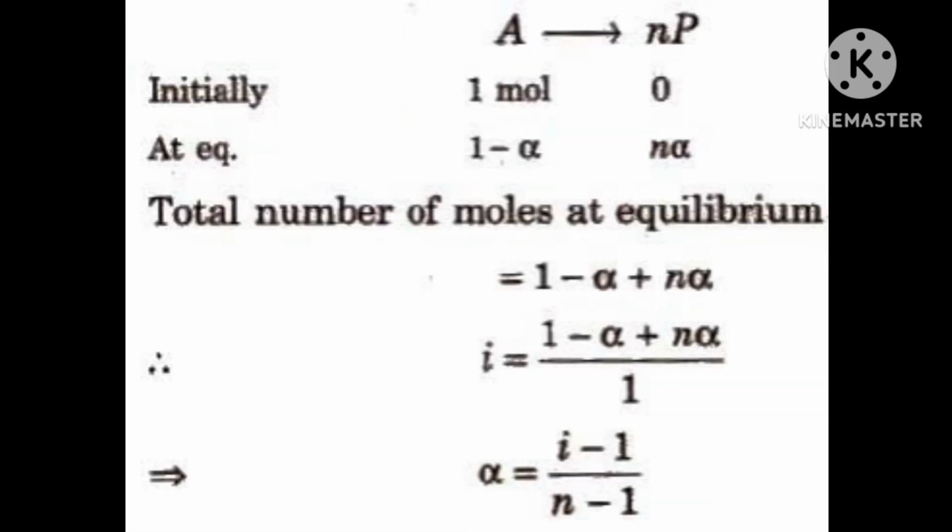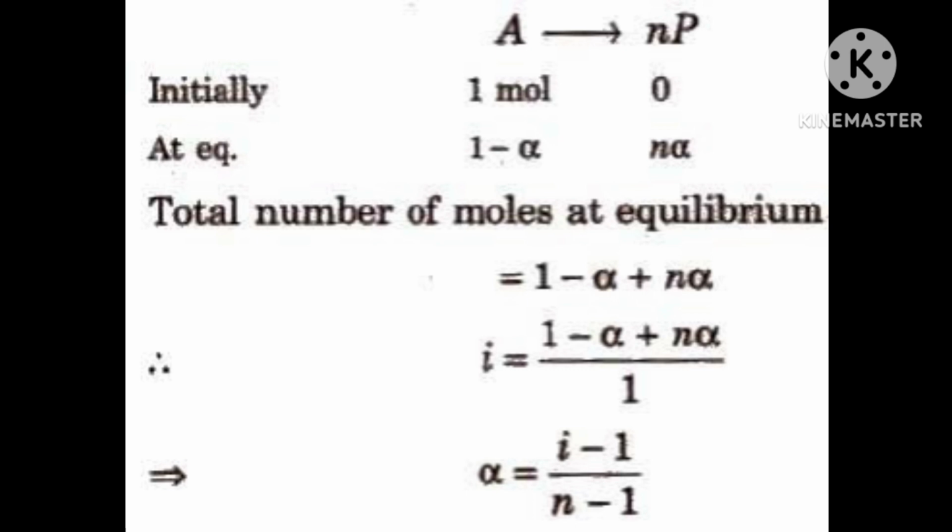If x represents the degree of association of the solute, then we would have 1 minus x mole of benzoic acid left in unassociated form.